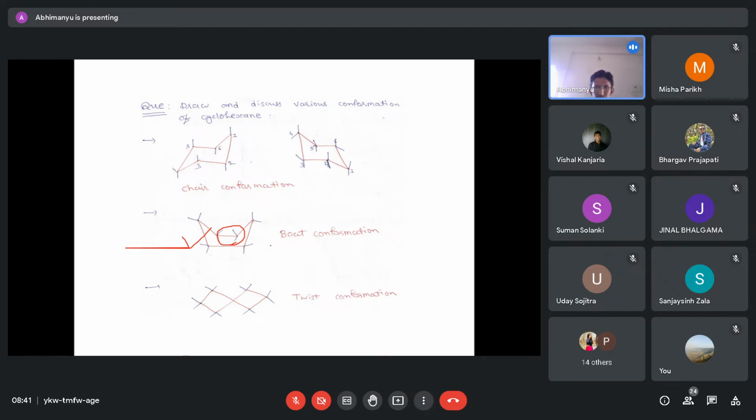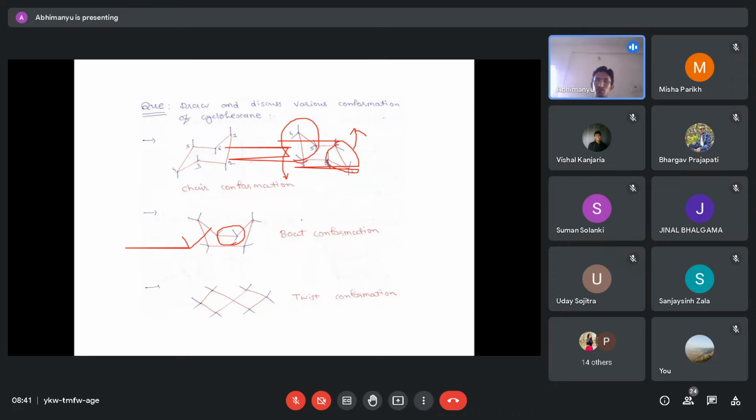It is possible, but ક્યારે પોસિબલ બને? તો કે ચેર કન્ફર્મેશન હતો ને એનો જ્યારે આ જે પાર્ટ છે ને રાઈટ સાઈડ ઓફ ધ પાર્ટ એ જ્યારે ઉપર આવશે અને લેફ્ટ સાઈડ નો પાર્ટ જ્યારે નીચે જવાની ટ્રાય કરશે ને બરાબર, during that transition, સાઇમલ્ટેનિયસલી બંને ઉપર ને નીચે જવાને બદલે જો કન્સિડર કરો કે આ રાઈટ સાઈડ નો પાર્ટ ફક્ત ઉપર આવશે ને, in that case boat conformation is formed.